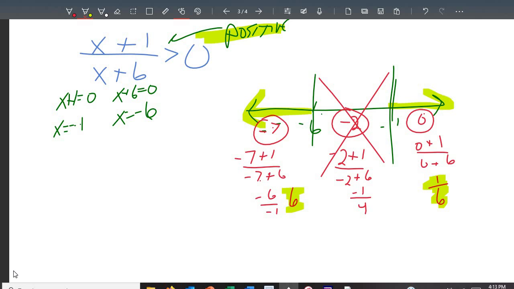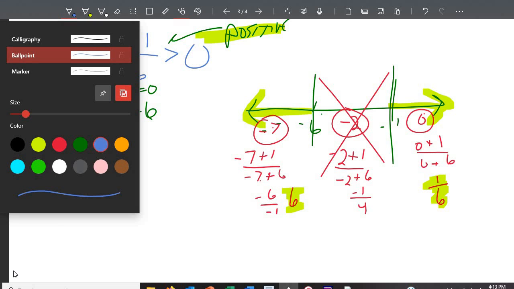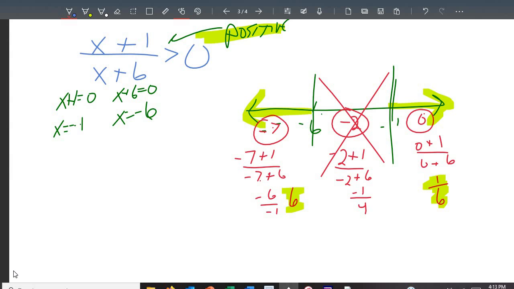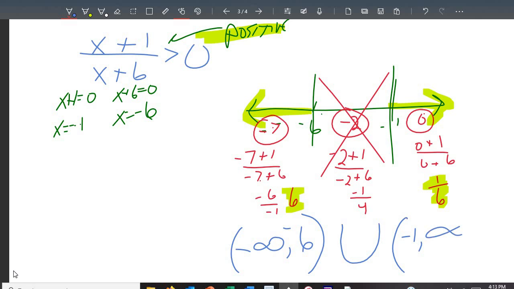So we shade this direction. The answer, because it's got the middle crossed out, has the union symbol. Now, this is a greater than, so both of my numbers will have a parentheses. Make sure you're using the number here to put in your answers.